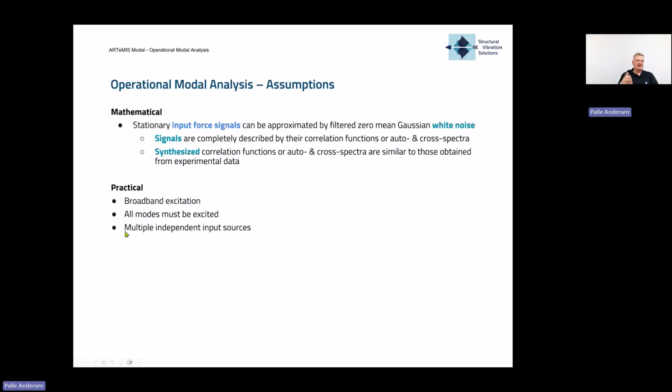The different modes can better come to life and be extracted in the end. So it's actually very important that there are multiple input sources. I will try to come back to that a little bit later so we can see the difference between having one or having many.